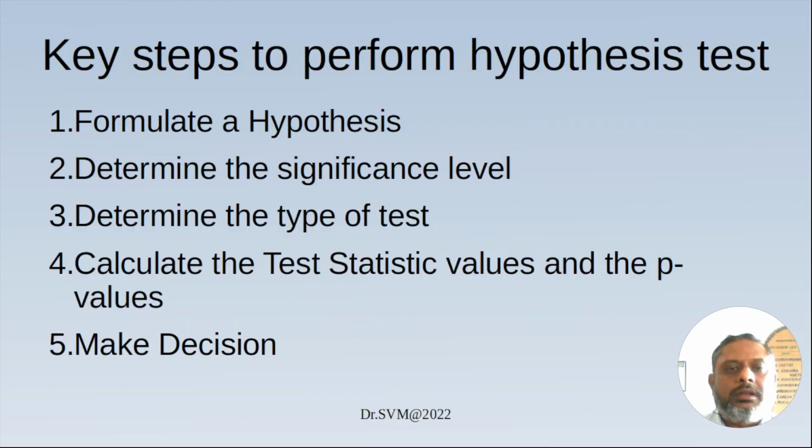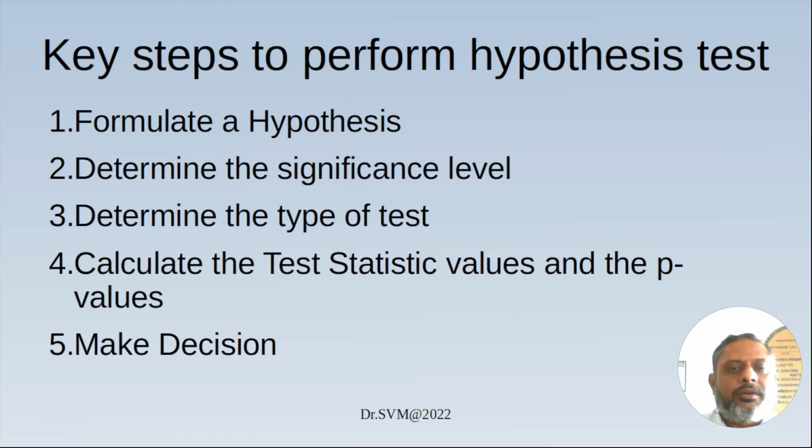The key steps to perform the test are: first formulate a hypothesis, then determine the significance level, then determine the type of test we would like to perform, then calculate the test statistic values and the p-values, and finally make the decision. As discussed earlier, in a hypothesis we have two things, a null hypothesis and an alternative hypothesis.